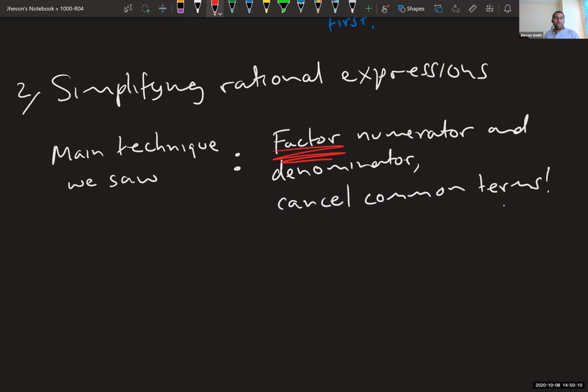If you're asked to simplify a rational expression, or if you're doing some combination and you want to simplify the final answer, you should be thinking factor and cancel, factor and cancel. That is the strategy, right? It doesn't matter how complicated it looks, factor and cancel. That's the main idea. Okay, that's where you want to be.